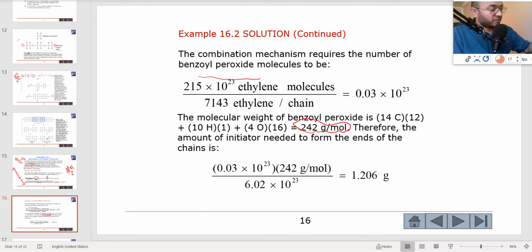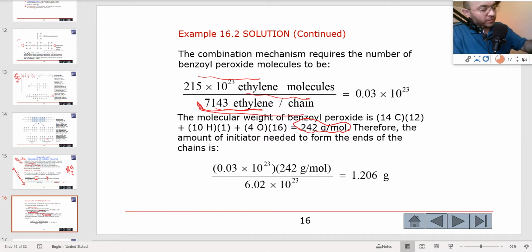Now, for this many ethylene molecules, we divided by 7,000 to find the number of chains, right? Because we want to find how many chains we have, and for each chain we need one benzoyl peroxide. In 1 kilogram we have this much ethylene, and in every chain we have 7,000 ethylene units.